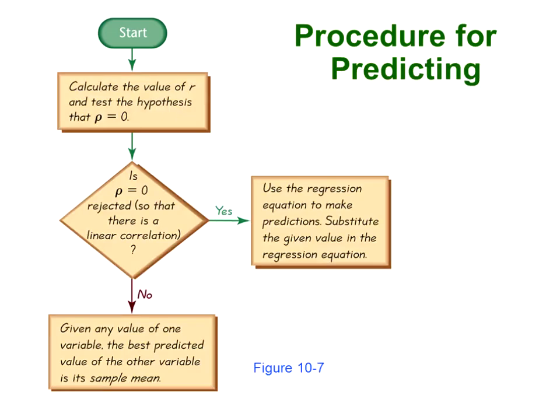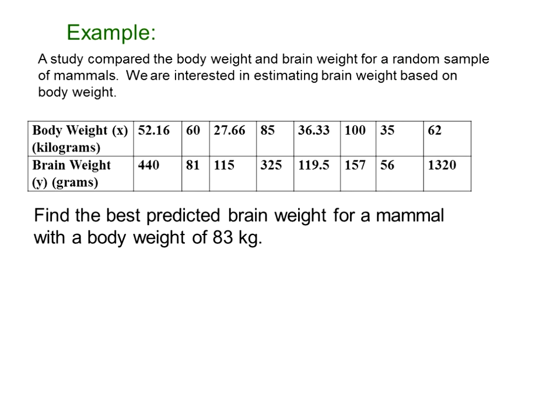And that's the next example. Right there. All right, so now I'm asking you to find the best predicted brain weight for a mammal with a body weight of 83 kilograms. So we're interested in estimating brain weight. Brain weight, that was your y's.